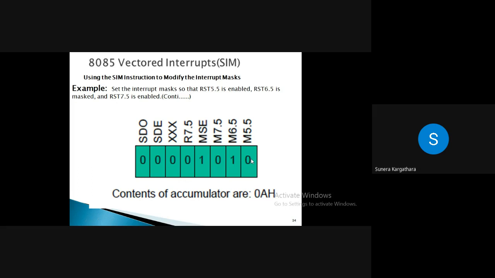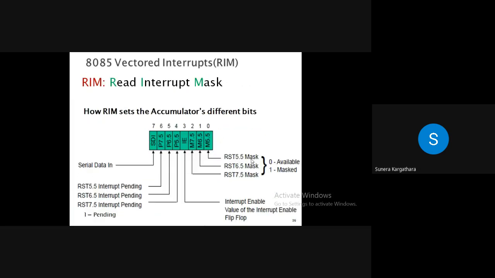I hope you can understand. Any doubt here, anyone? Okay, now try to understand read interrupt mask. You have set the mask, but how can you read it? How will the processor read it? That can be understood through the read interrupt mask instruction. From there you are sending data out, that means you are sending the data to the peripheral.